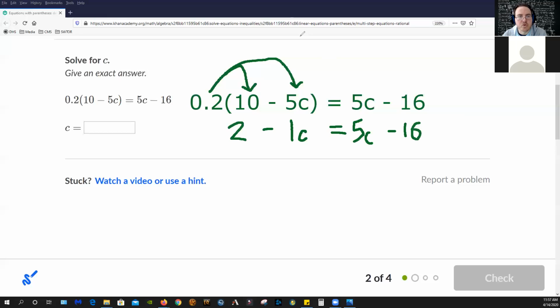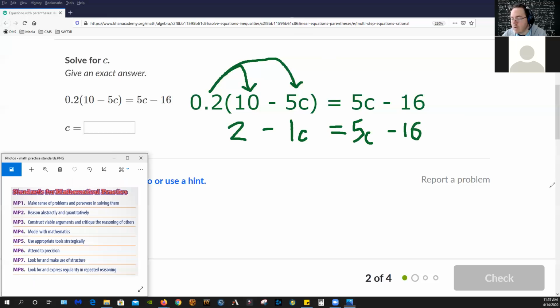So this is where your intuition has to kick in, and we've got to start doing some inverse operations. At this point, what I'm really doing is remembering what I've done on the previous problems. So this is my repeated reasoning. What worked before should work now, while I'm being very precise with my mathematics.